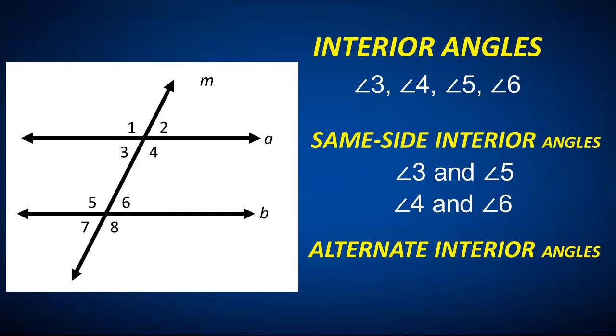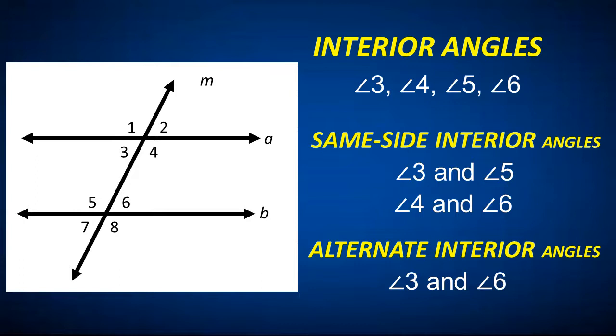So the example of alternate interior angles are angle 3 and angle 6. Let us check our answer. Angle 3 and angle 6 are interior angles. Check. Angle 3 is from line A and angle 6 is from line B. Check. Angle 3 is on the left side and angle 6 is on the right side.